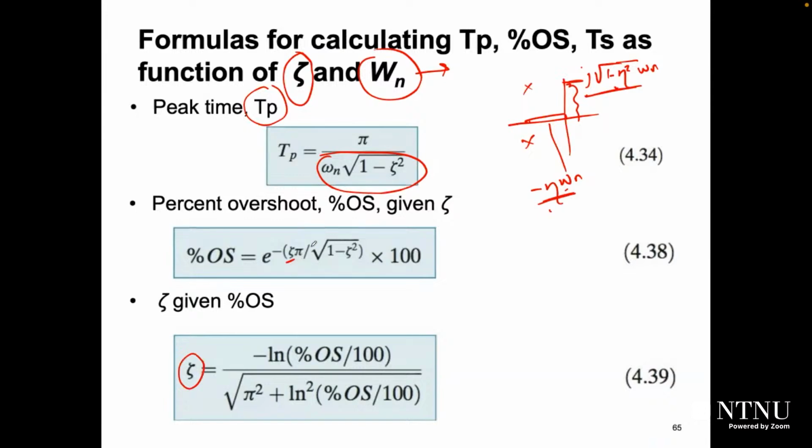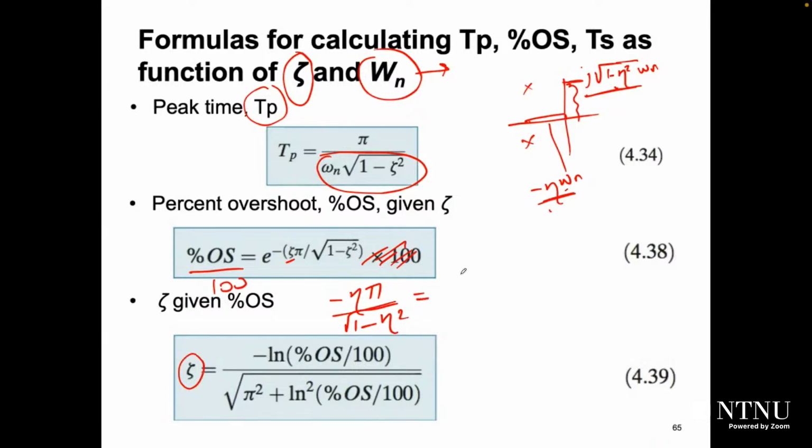Just take ln of both sides of this equation and try to solve it for zeta. Divide both sides by 100 here, cancel the exponential on that side, and take ln of both sides.